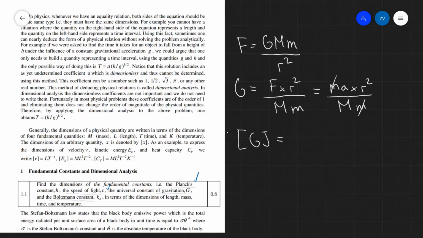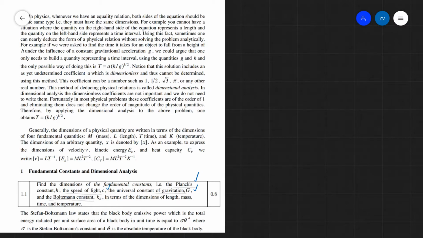Well, that's simply length per second squared, T to the power of minus 2, multiplied by length squared, which is r, which has the dimensions of length, and we're going to divide this by the units of mass, which are normally the kilograms, so we're going to keep that as M. So this is going to equal L to the power of 3, T to the power of minus 2 times M to the power of minus 1.